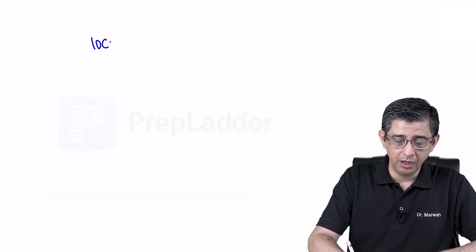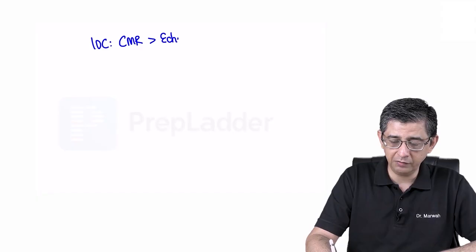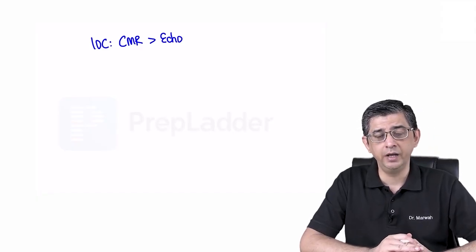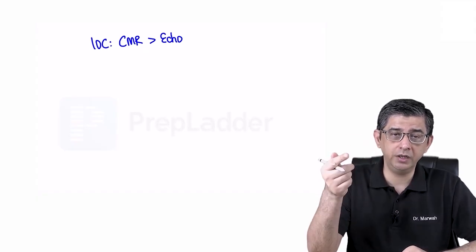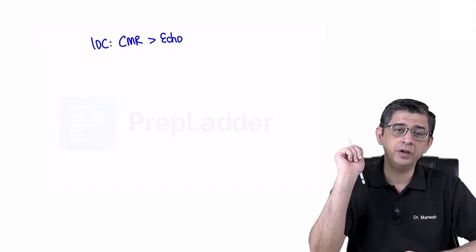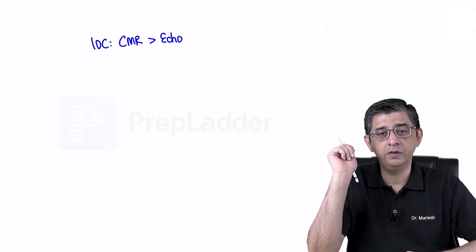Now let's have a look at the investigational choice for this condition. I have always said that echocardiography is the best way to identify any valvular lesion. I stand by my statement, but for pulmonic regurgitation, I was telling you aspects like overcorrection done during a tetralogy of Fallot repair, overcorrection done during a balloon valvotomy.